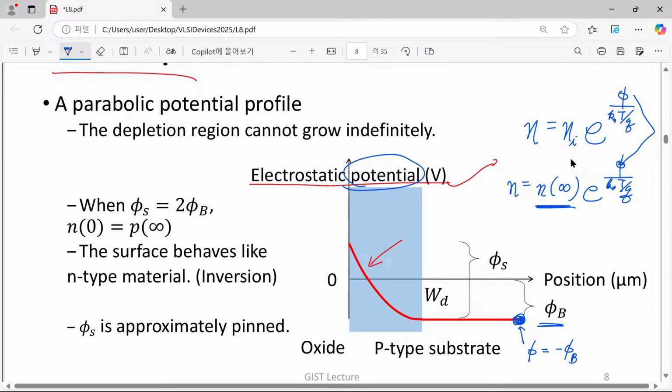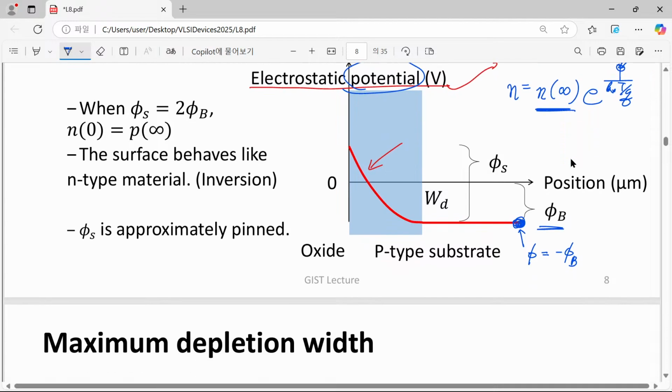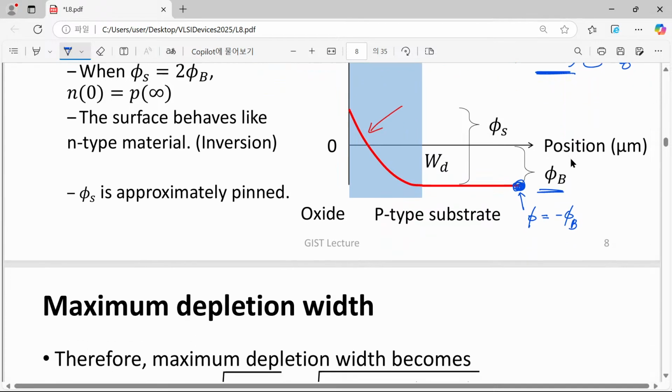That's the reason why in many cases, when you have to draw your energy band diagram for your MOS capacitor, your energy band should be drawn in this way. At deep substrate, of course, you have to draw a straight line, because this is neutral.